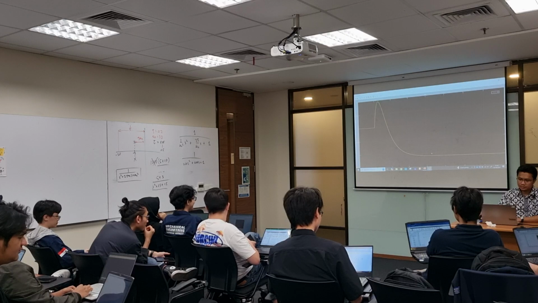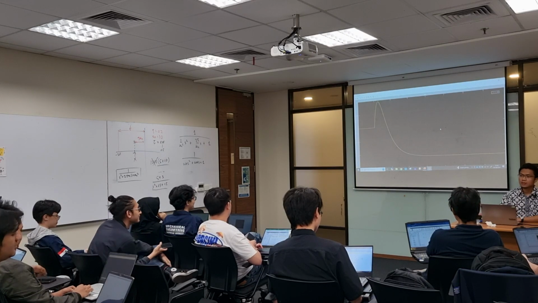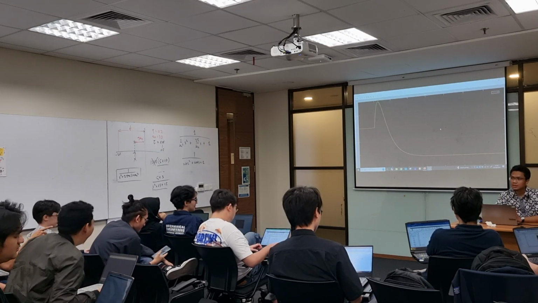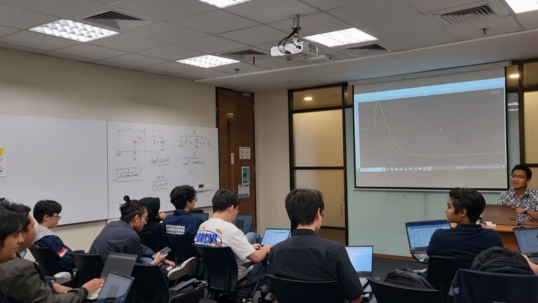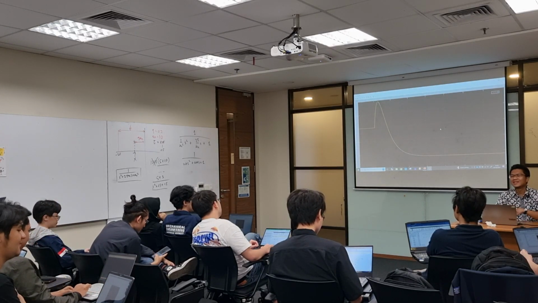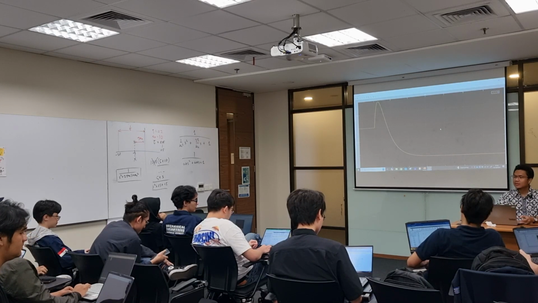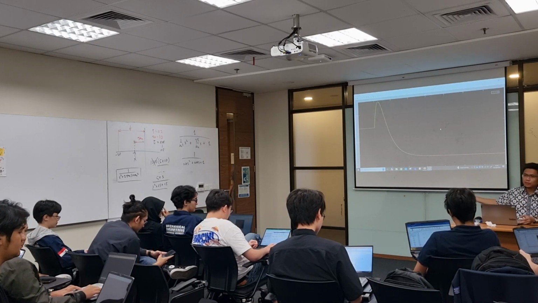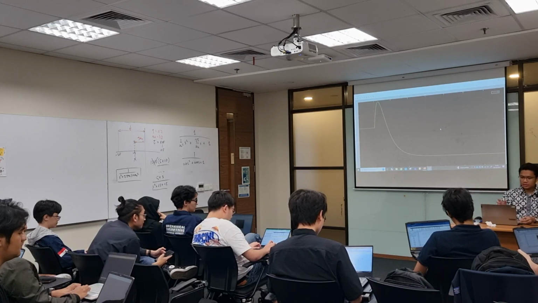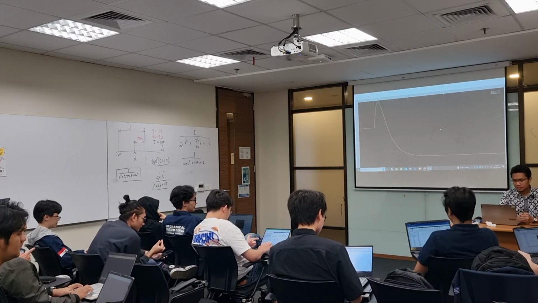Yeah, you see, it is still stable. If you make your pole to be on the right half plane, that's not stable. This is still stable, but the response is very different.